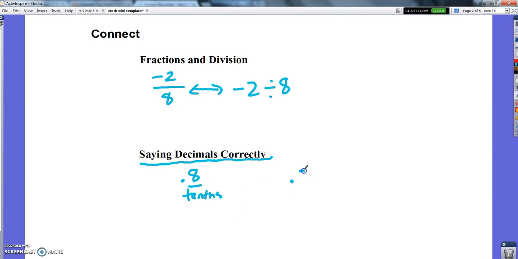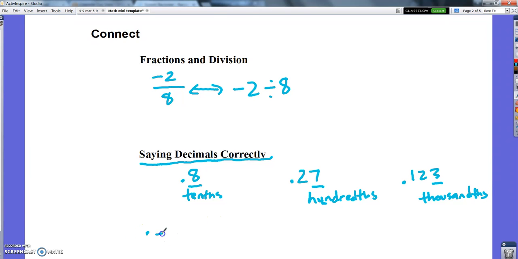Or if a decimal has 2 spots, you say 27 hundredths, because that is in the hundredths place. And he has been insisting that if it has 3 decimals, you say 122 thousandths, because that is in the thousandths place.